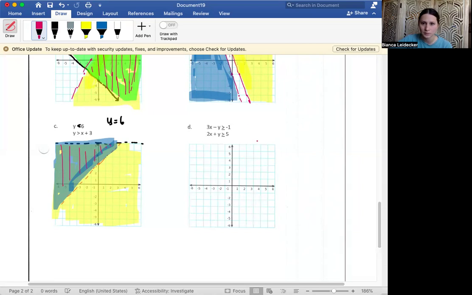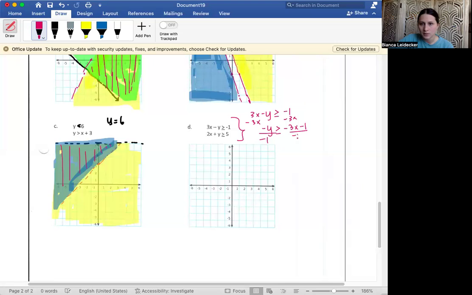Okay, last one. The problem with these is we've got to reformat them because they are not in the right format. So our first one, let's subtract 3x on both sides. And we are left with negative y is greater than or equal to negative 3x minus 1. Divide by negative 1.